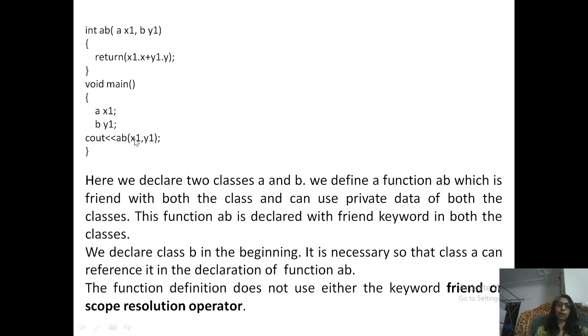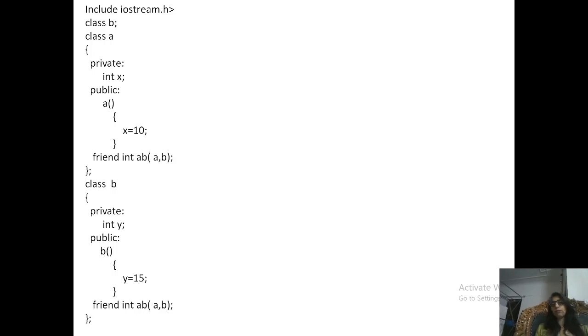Now when we pass x1 and y1 into AB, we are actually providing access to the private data of x1 and y1.